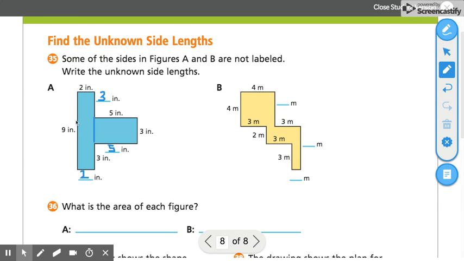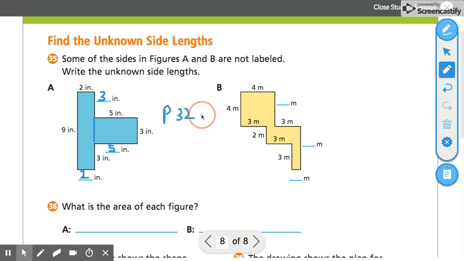So I have 9, 9, 10, 11, 12, 13, 14, plus 5 would give us 19, 20, 21, 22, plus 5 would give us 27, 28, 29, 30, 31, 32. So my perimeter, P, is 32 inches.